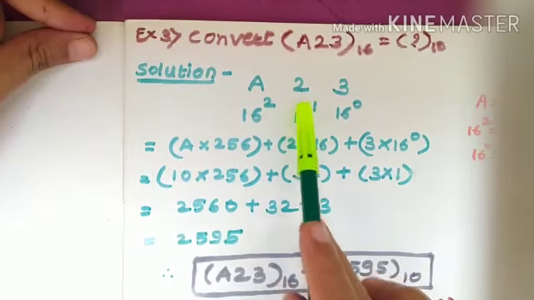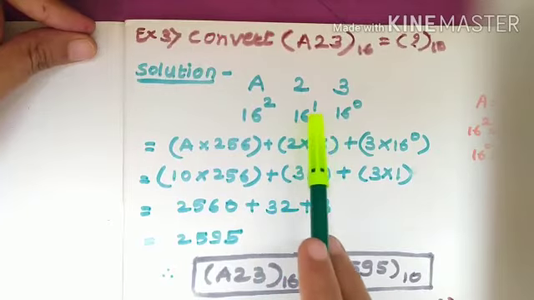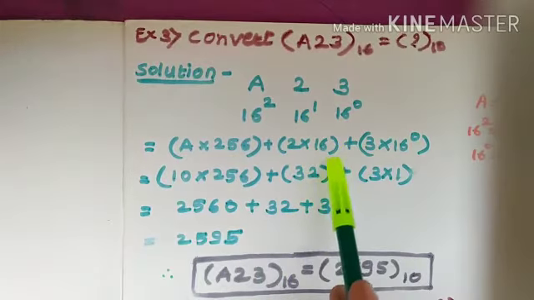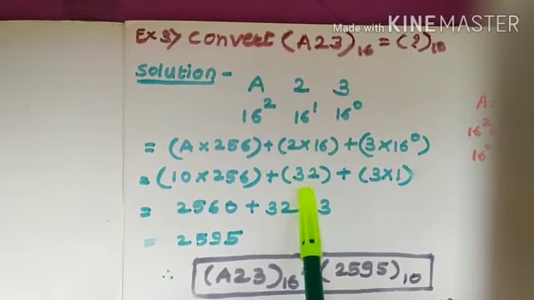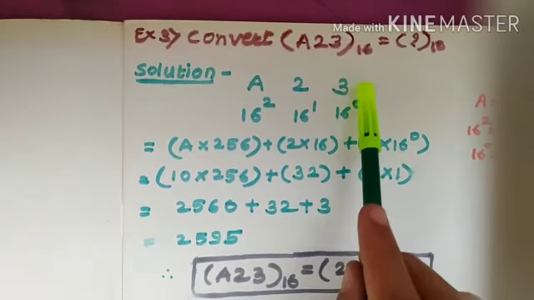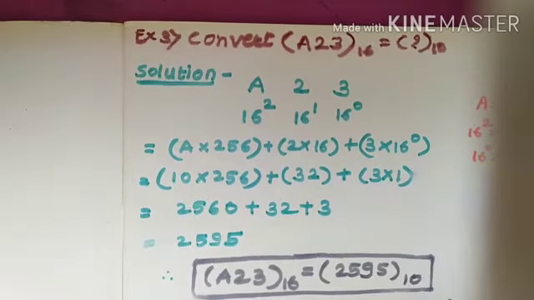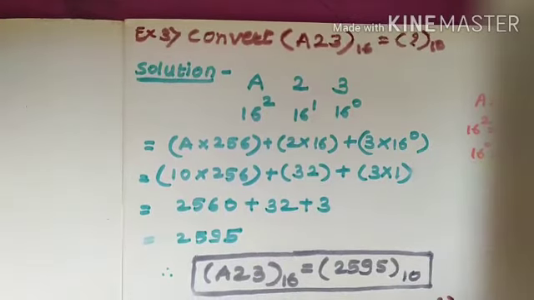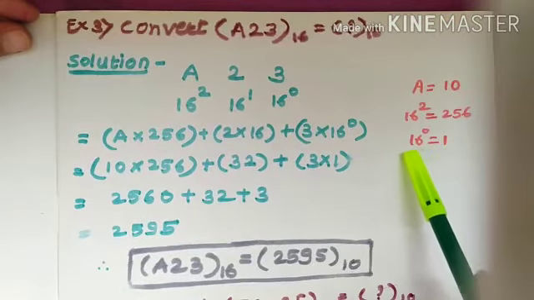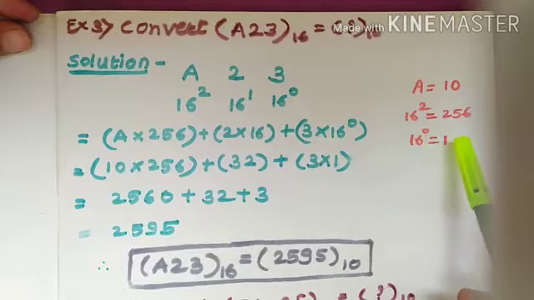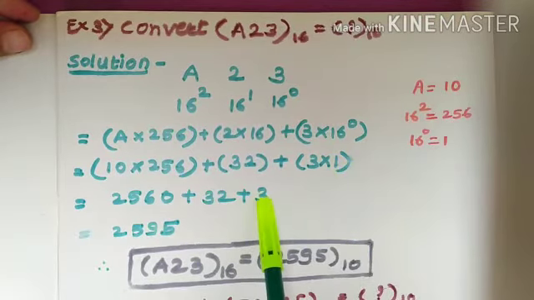For the second digit, multiply this 2 by 16 raised to 1, and 16 raised to 1 is nothing but 16. So 16 multiplied by 2, 16 twos are 32. Then for the last digit, 16 raised to 0 multiplied by 3, and we know that 16 raised to 0 is equal to 1. By multiplying, 3 multiplied by 1 will get 3. Okay.